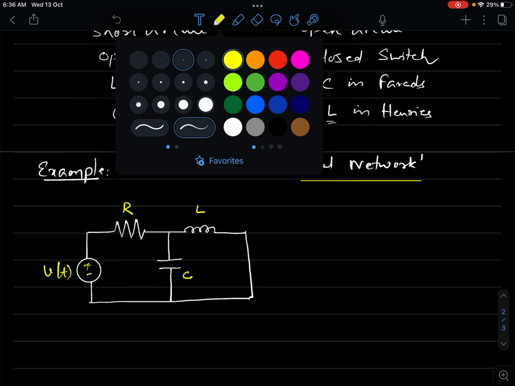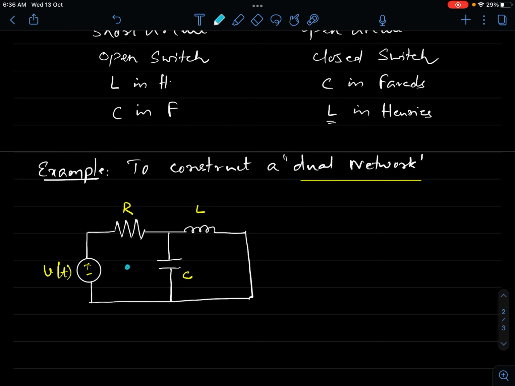I have put a node inside my mesh 1. I will call this node 1, and I'll put one more node inside this mesh and call it 2. And now place an extra node which is taken as the datum node external to the network. My datum node, I will place it here. This is node number 3.